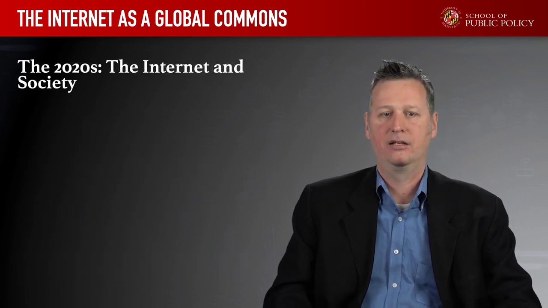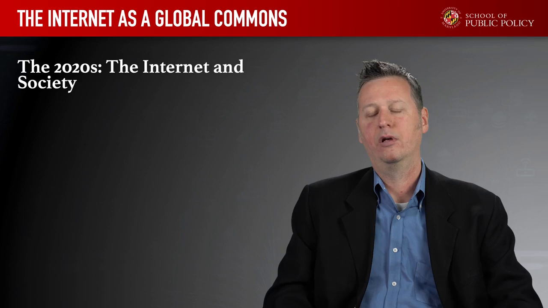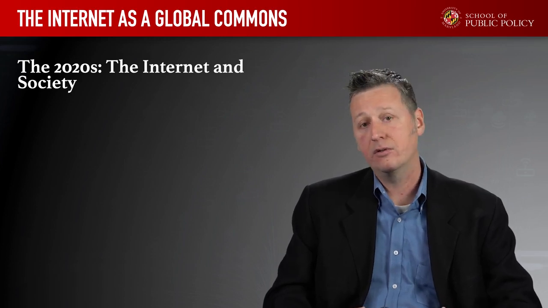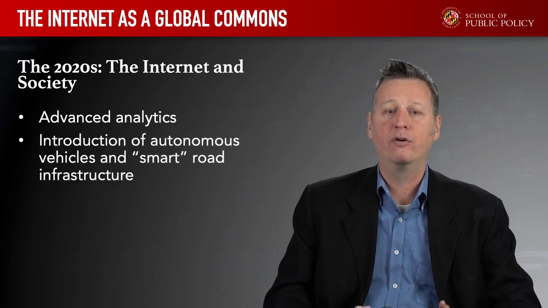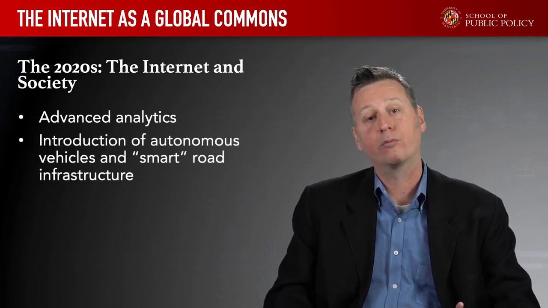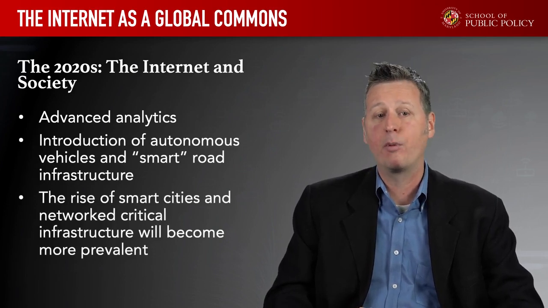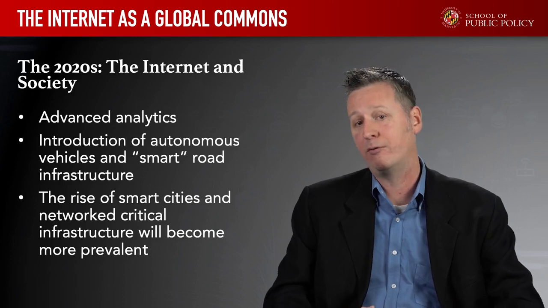In this decade, where are we going? We're seeing the increasing use of advanced analytics, things like machine learning and artificial intelligence. We're seeing the introduction of autonomous vehicles and smart road infrastructure. And of course, we're seeing the rise of smart cities and networked critical infrastructure.